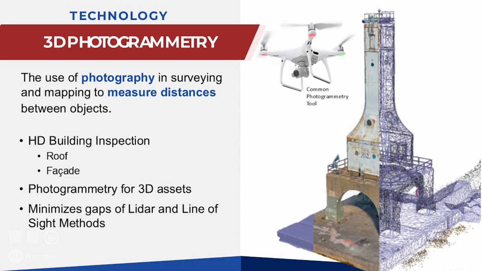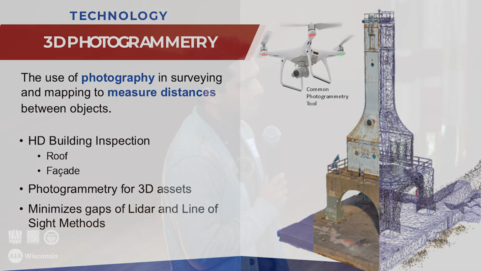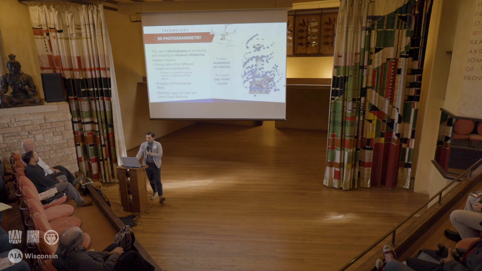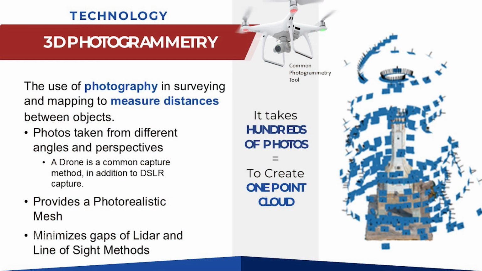And so this technology produces a somewhat similar deliverable, but different degrees of accuracy, and then it shines in ways that laser scanning doesn't. So the way that this technology works, photogrammetry's been around for quite some time, but hundreds or thousands of photos, different angles and perspectives of an object can all be tied together.